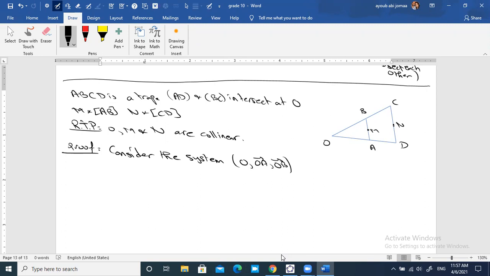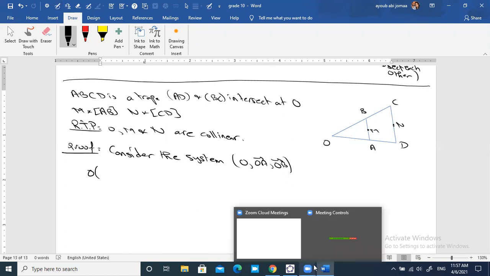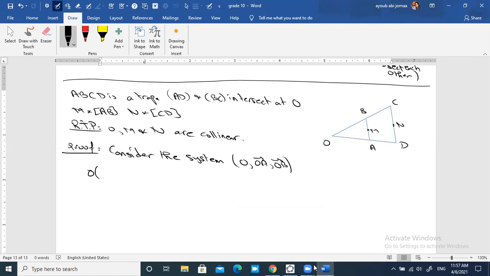Find the coordinates, especially M and N. First of all, what are the coordinates of point O in this system O, OA, OB?